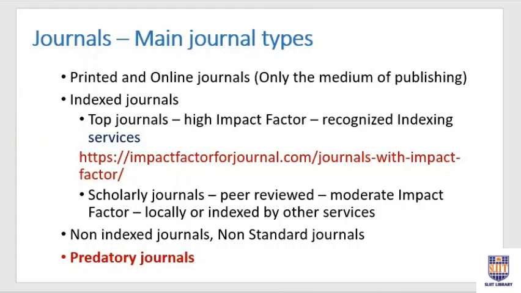Top journals and scholarly journals both have some kind of good impact, but top journals have the internationally calculated impact factor. When you get into this link, you can see it is a long list. And these scholarly and institutional journals, if not indexed by the international indexing service, may not be included there. But if they are indexed locally, you can still go for them.